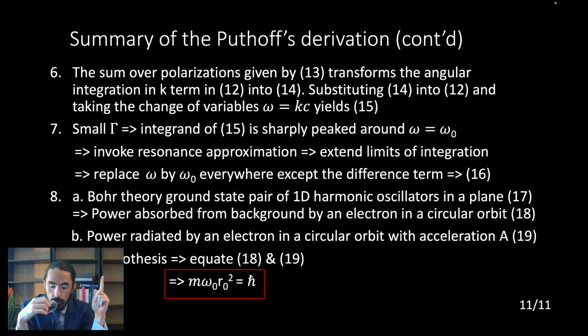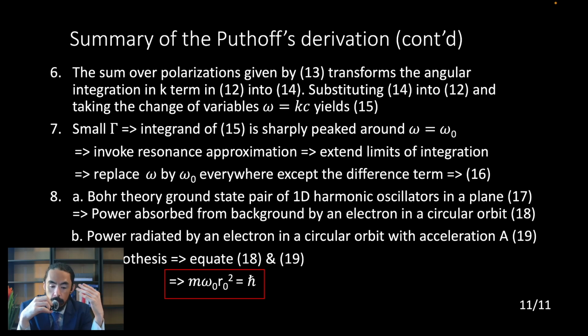From Bohr theory, we consider a ground state pair of 1D harmonic oscillators in the plane. That's relation 17. That leads us to a statement for the power absorbed from the background by an electron in a circular orbit, which is given in equation 18. The other part of the final step of the derivation is we consider the power radiated by an electron in a circular orbit with acceleration denoted capital A. That's equation 19.